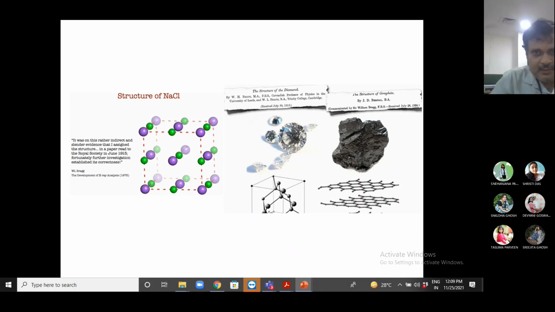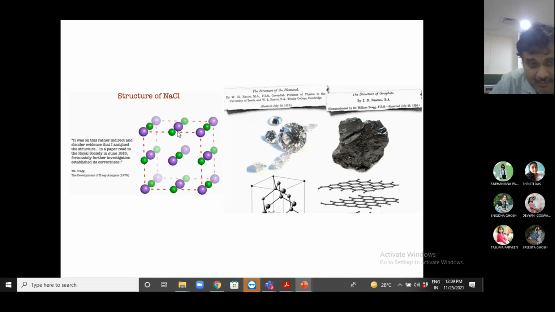Okay, so by doing this kind of process, the first crystal structure that was solved, and which had a very big impact, is that of sodium chloride. In sodium chloride, they found that there is a regular repeating arrangement of sodium and chlorine, but there is not per se any sodium-chlorine bond existing, because it is an ionic compound. There is a regular repeating arrangement of sodium and chlorine, no doubt, but you cannot tell there is a bond between sodium and chlorine.